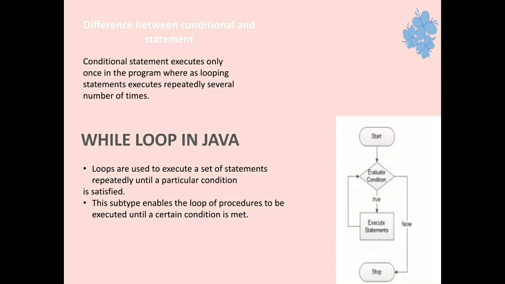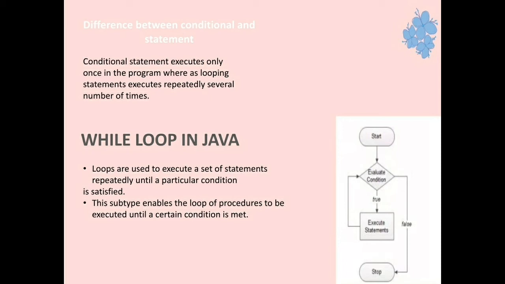And while loop in Java, loops are used to execute a statement repeatedly until a particular condition is satisfied. This subtype enables the loop of procedures to be executed until a certain condition is met. The syntax of the while loop is: first, a while loop evaluates the test expression inside the parentheses.